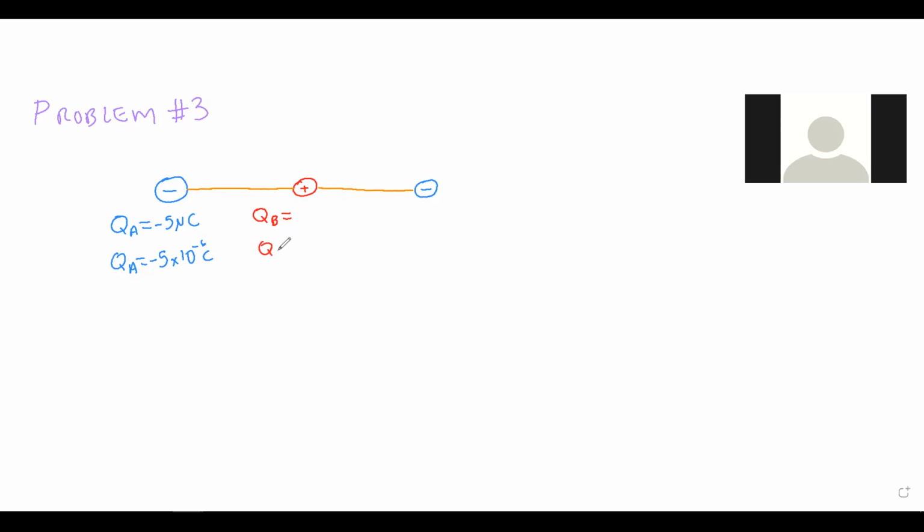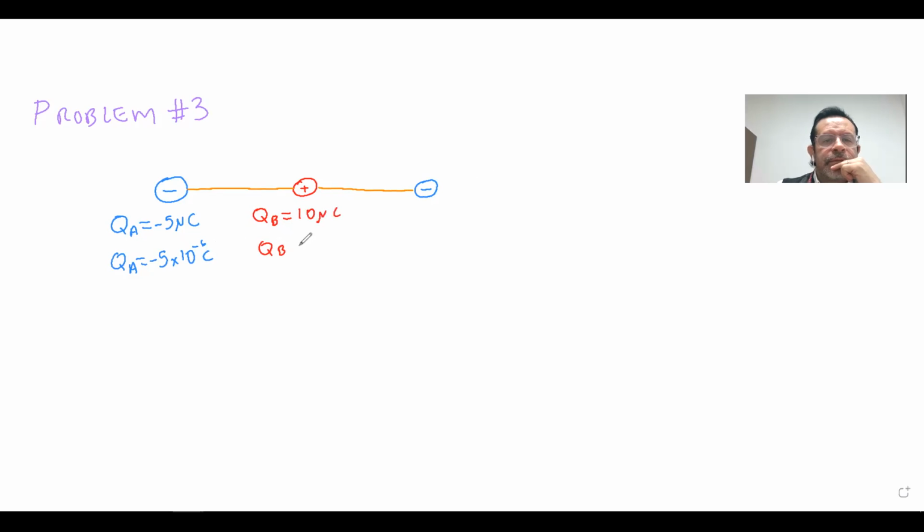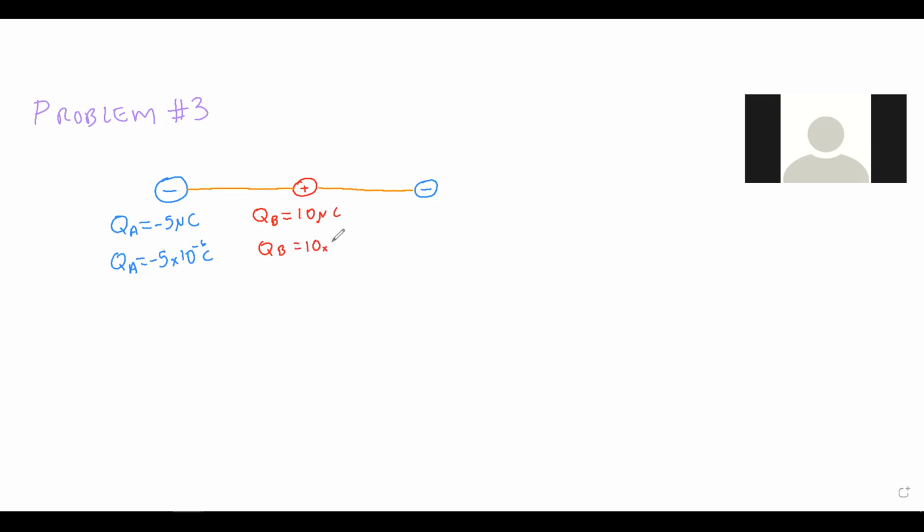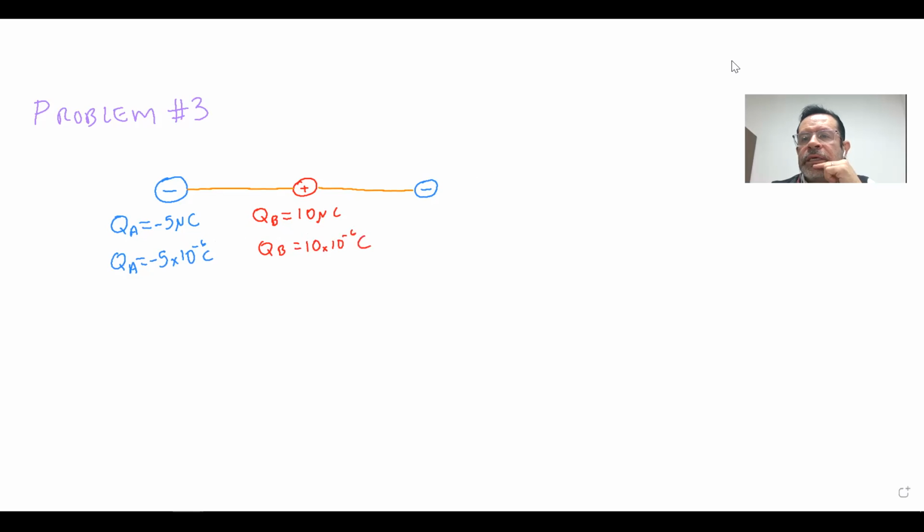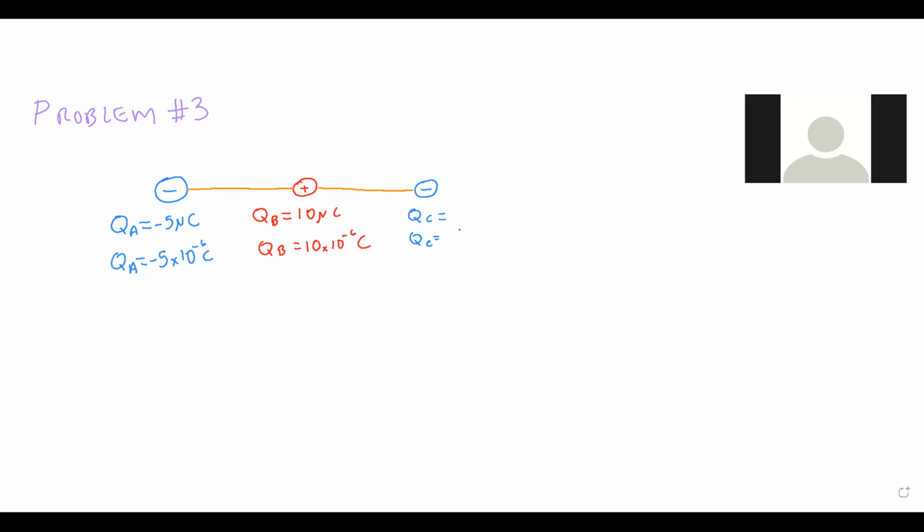Positive 10 microcoulombs. Thank you, perfect. And lastly, Angels, what is the value of charge C according to the problem? -12 microcoulombs.